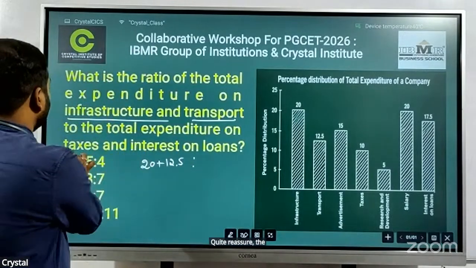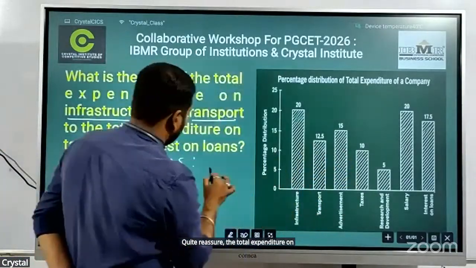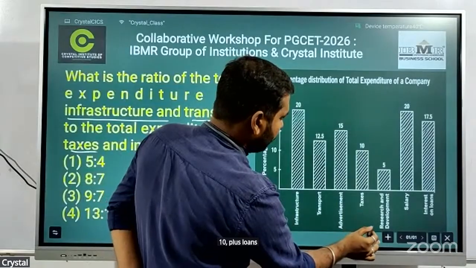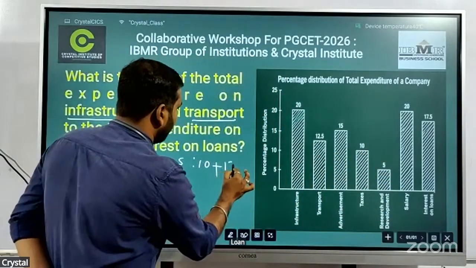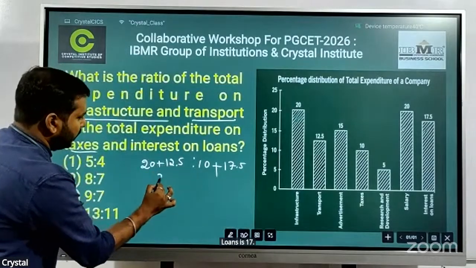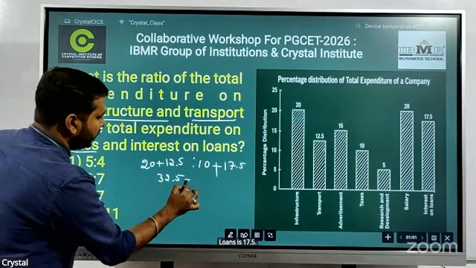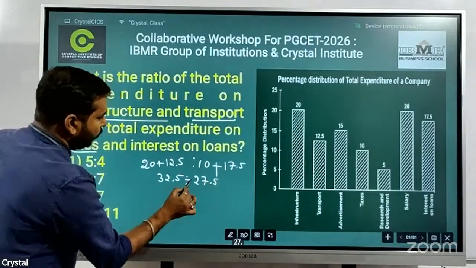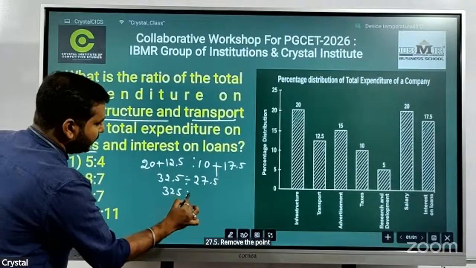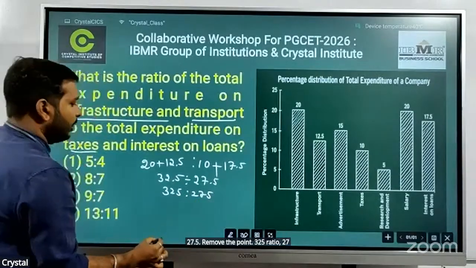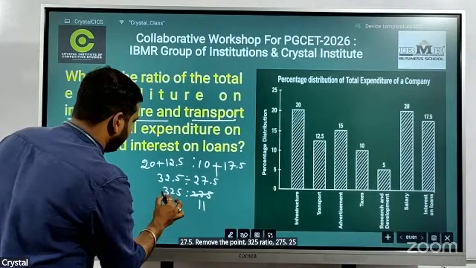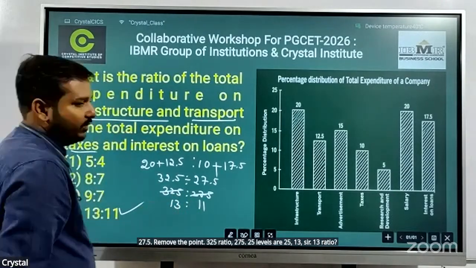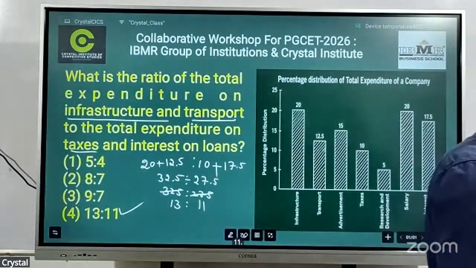The total expenditure on tax is 10 plus loans is 17.5, that is 27.5. Remove the point. 325 ratio 275. 25 elevens are 275, 25 thirteens are 325. 13 ratio 11 is the final answer.